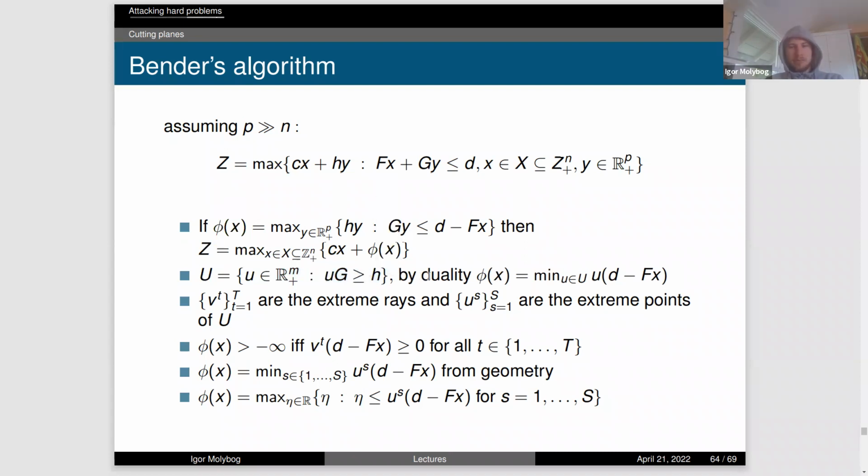By duality, the solution of phi of x is equal to the minimum over u in the set capital U of the vector u times the right hand side in the primal problem, which is d minus Fx. So it's u times (d minus Fx), which is the dual problem for this one.